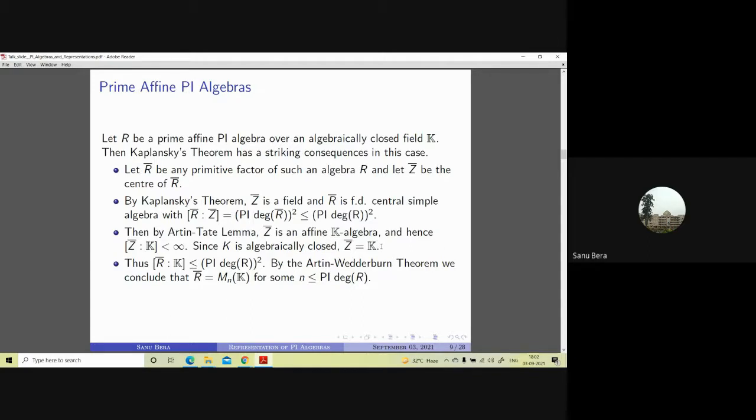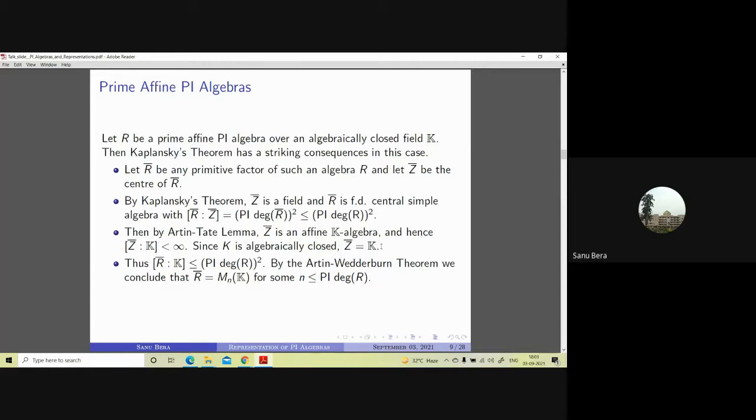I see. Here we explicitly use one version of the Hilbert-Nullstellensatz, that is Zariski's lemma. Explicitly, the statement is: any affine K algebra which is a field is finite dimensional. So here R bar is finite dimensional over K and its dimension is bounded by pi degree of R squared.